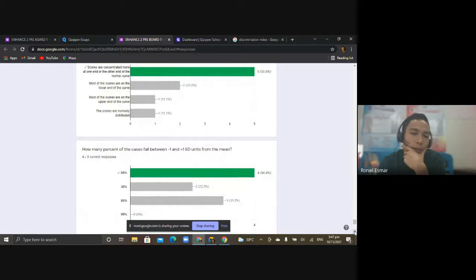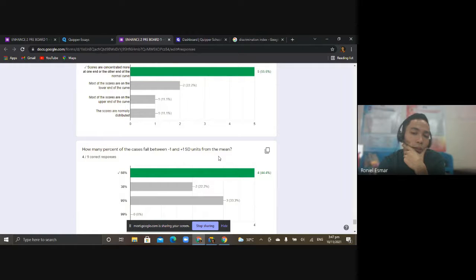Next, how many percent of the cases fall between -1 and +1 standard deviation units from the mean? The mean would be somewhat the average of the score distribution. So it should be between the -1 and the +1 standard deviation value.